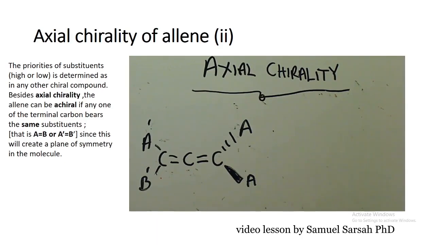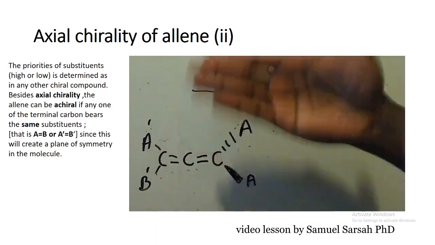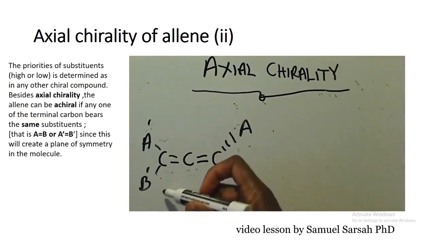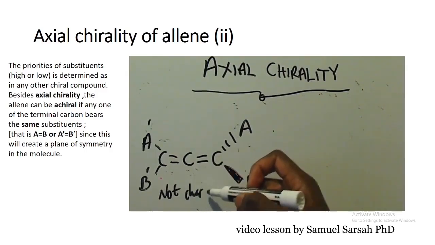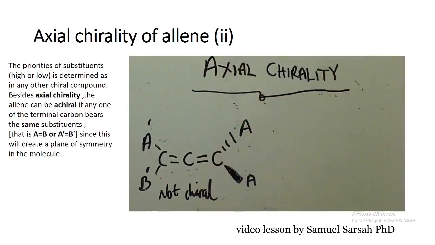That is, you can cut through this in a vertical plane, you get two equal halves. So this is not chiral because of the mirror plane.